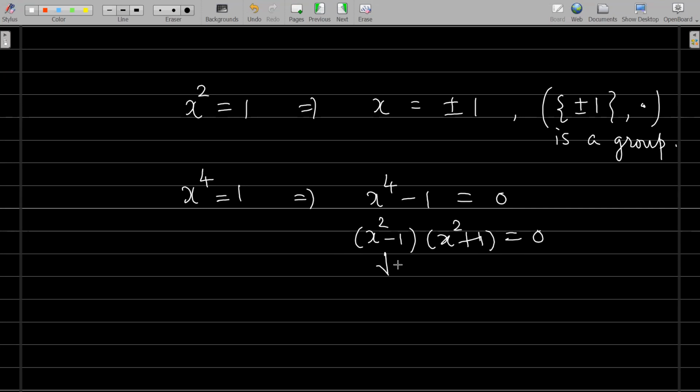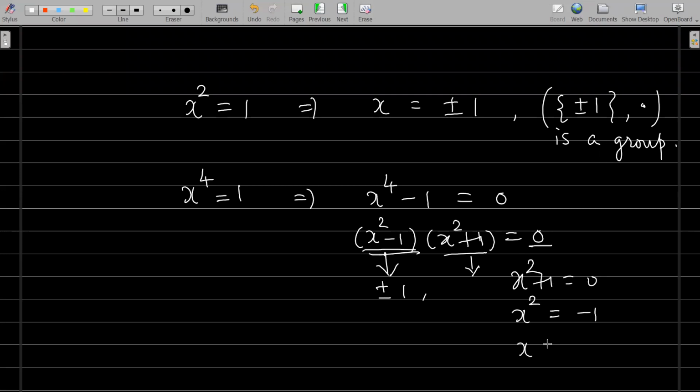Yes, that will be from this. x square minus 1 is 0 means x is plus minus 1. Or the other factor, so either this is 0 or this is 0. And if x square plus 1 is 0, then x square is minus 1.